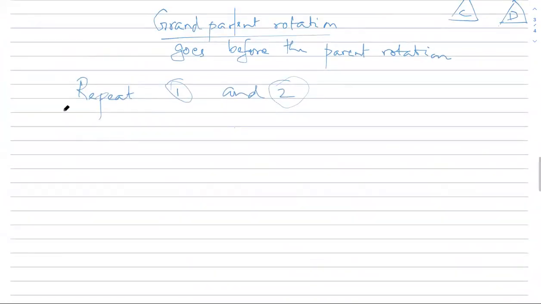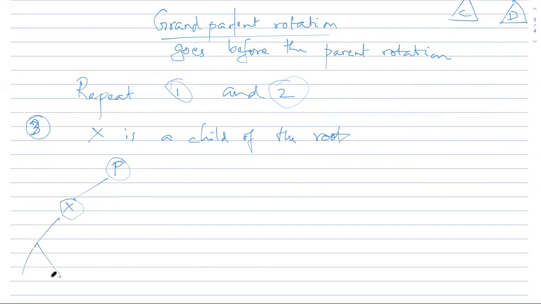Or the second possibility is that after going through this repetition, you end up in the third case. And what is the third case? That X is a child of the root. So when it's a child of the root, it can be the left or the right child. If it's a left child, it would look like this. So X is a left child, and you have the left subtree and right subtree.